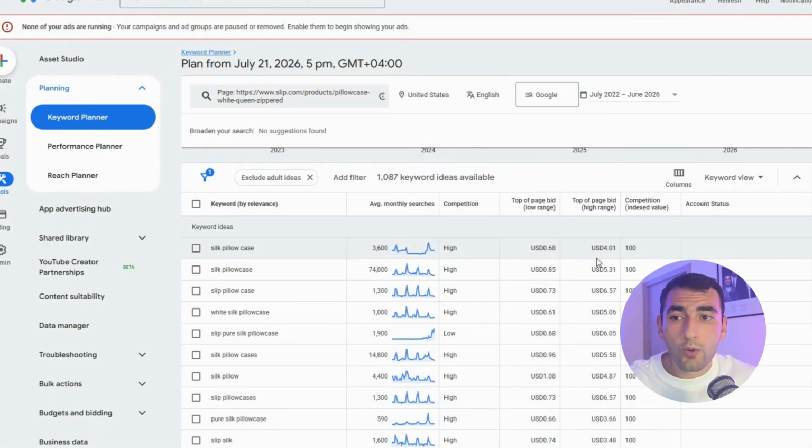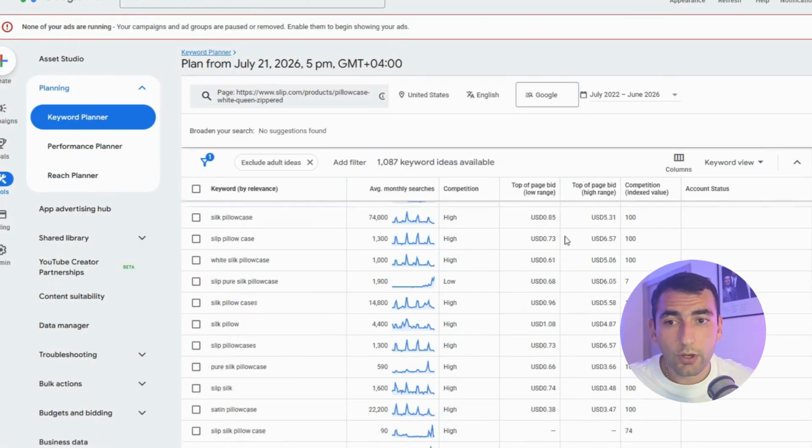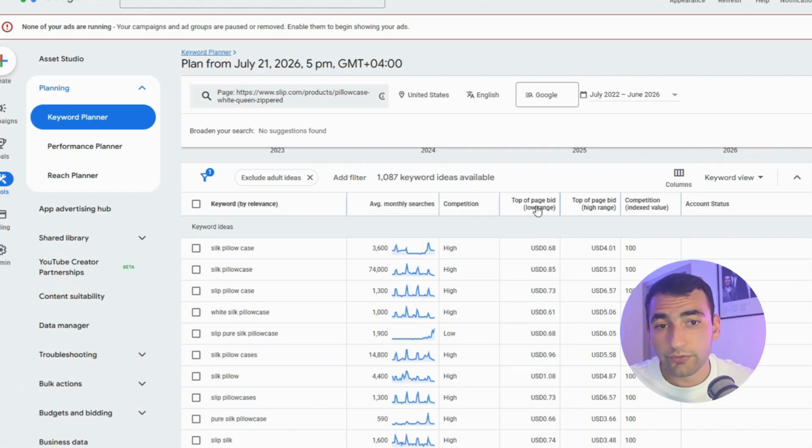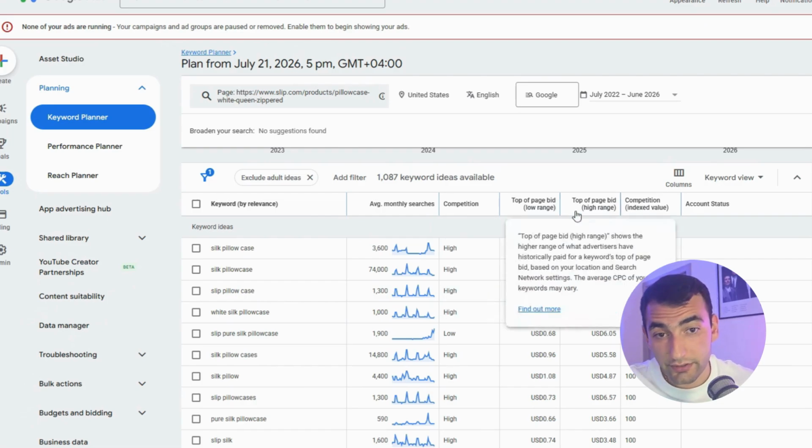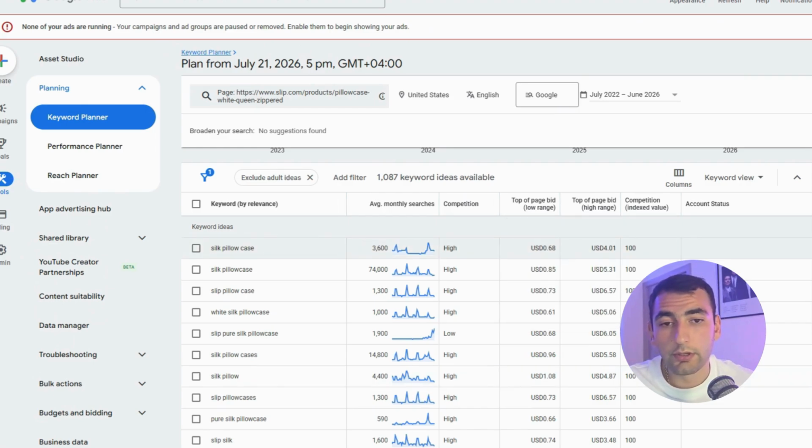So back to our CPC equation, we know shopping tends to run about 50% cheaper than search. So here's what we do. We're taking the average of our search CPC range, which in this case is $0.68 to $4, and we're taking a number between them, and then we're applying a 50% shopping discount.